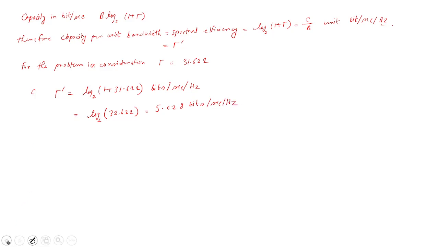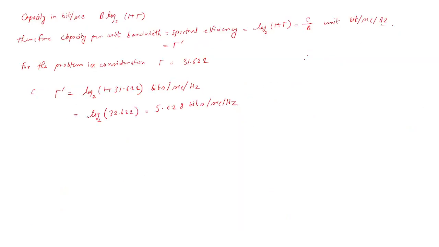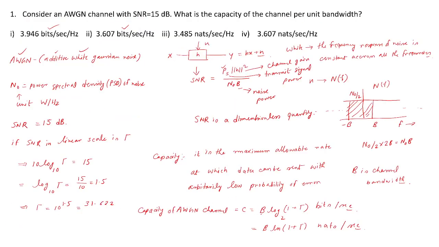Let's check whether the answers are matching. The first and second one have the unit in bits per second per hertz. They are not matching, but the other two are in nats. By the way, we have seen that the difference between bits per second and nats per second is that the base of the logarithm changes.